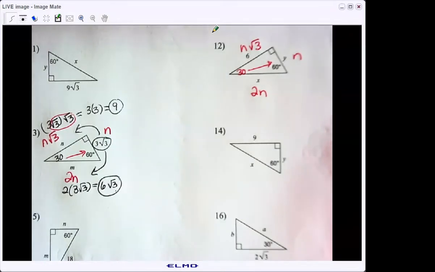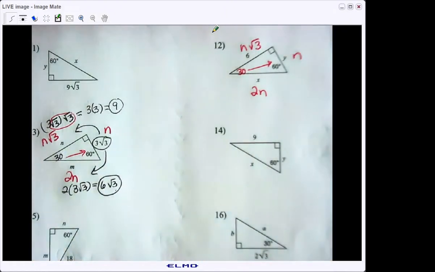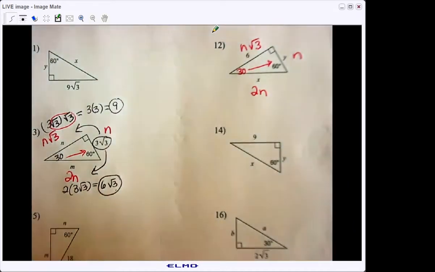Okay. So how are we going to find n? What do you think? How are we going to find n?